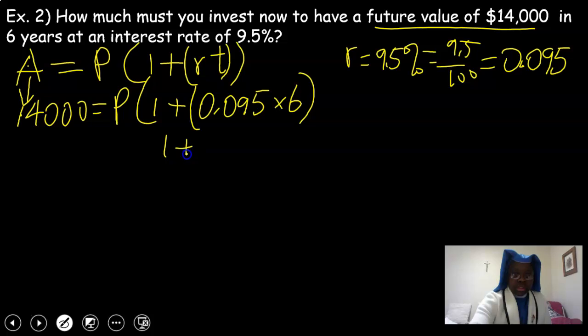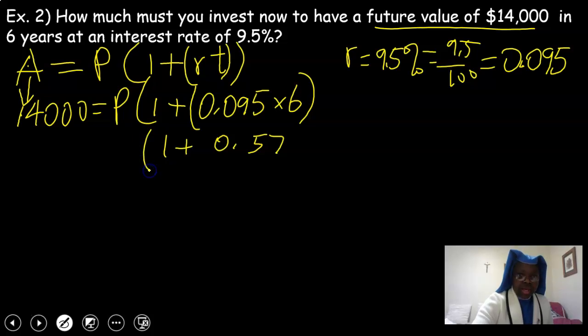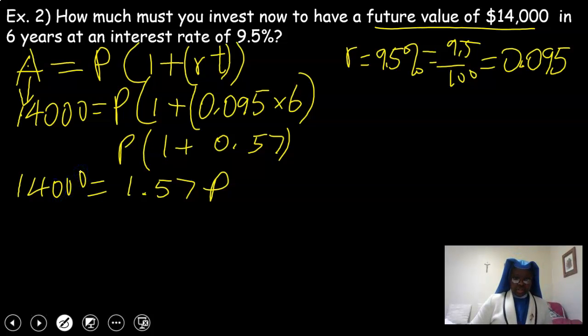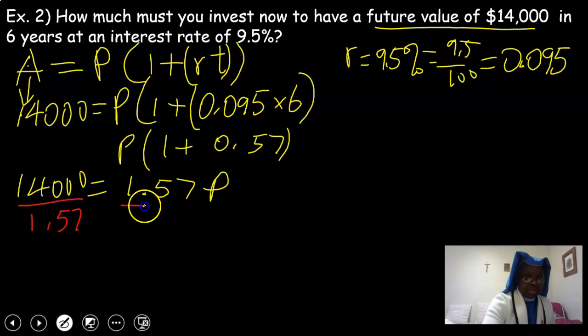And that will be 1 plus 0.57. And we add that, this is still P. We add it, we get 1.57 multiplied by P. Okay, so now we are just doing the algebra, solving for P. So now we go ahead and divide both sides by 1.57.